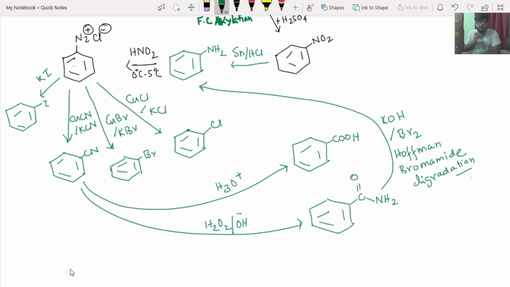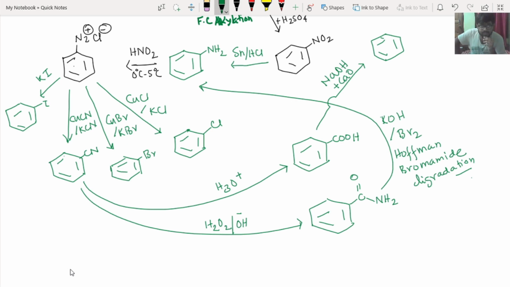Now, this is benzoic acid, and this benzoic acid can be converted into benzene simply by adding soda lime, NaOH plus CaO.